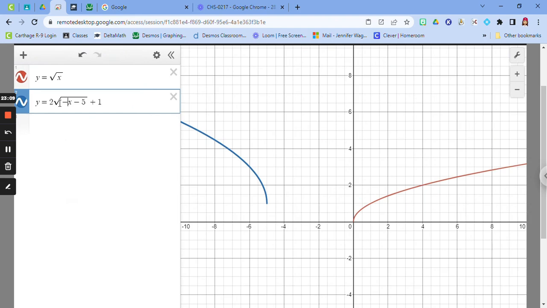When the negative is applied after the function, after the work with x, then it's your y values that are changed. Okay. So this is where, like I said, Desmos is going to be your friend on this to help give you an idea of what these functions look like.